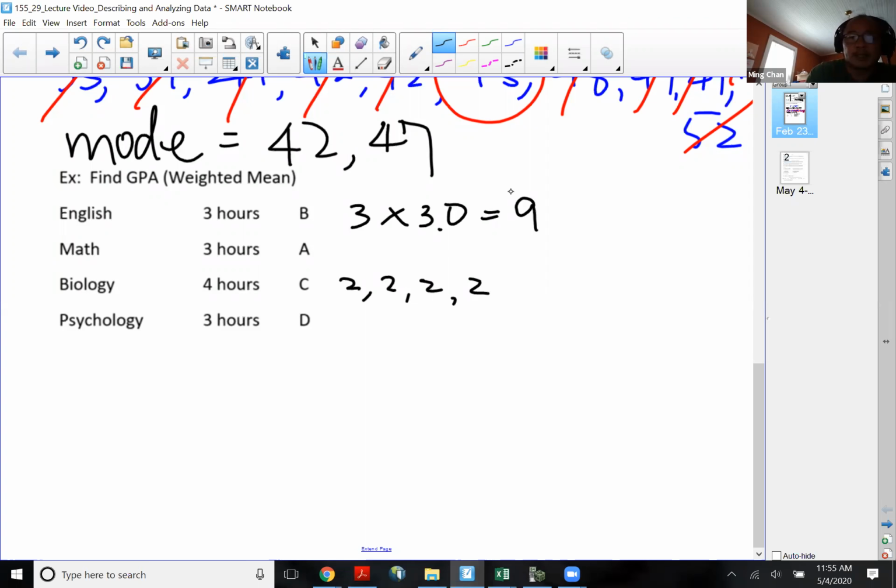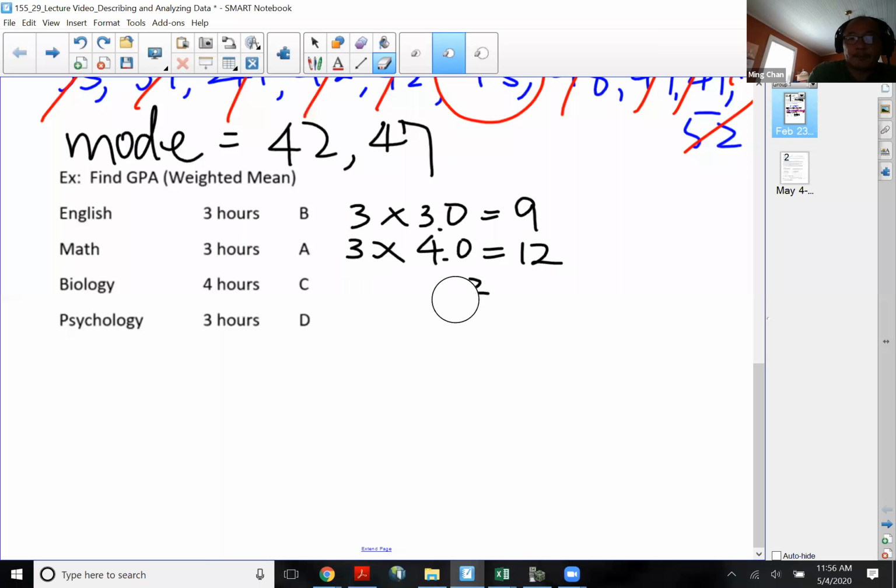I call them points. If you made an A in math, A is 4.0, in a 3 credit hour class, that means you make 4.0 for 1 hour, 4.0 for another hour, and 4.0 for the third hour. If you add them up, 4 plus 4 plus 4 is the same thing as 3 times 4.0, which gives you 12 points for that class.